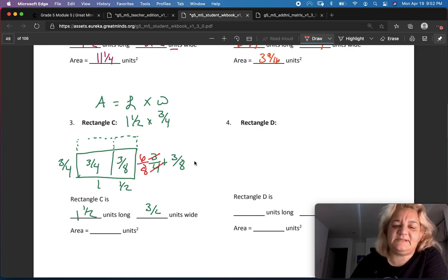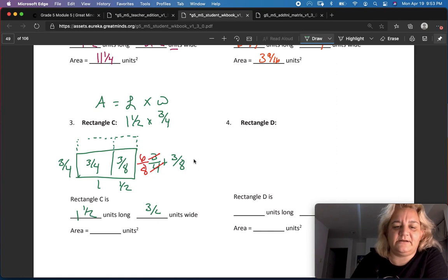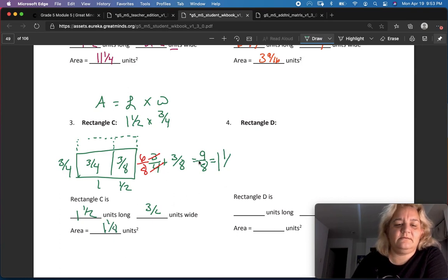So now it's 6/8 plus 3/8, which I can add together because they have the same common denominator, which is 9/8. And that's an improper fraction, so let's turn it back into a mixed fraction and get 1 1/8 units squared. Okay, there we did it. We showed it with the tiling. Let's erase this. Now, you shouldn't erase it.